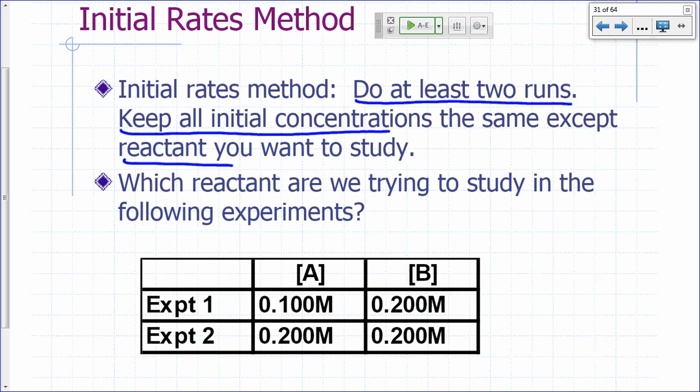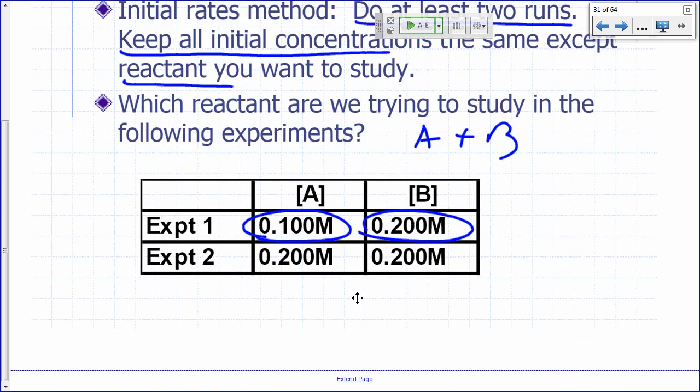So, for example, here I have 2 experiments, a reaction between A and B. In experiment 1, my concentration is 0.1 moles per liter of A and 0.2 moles per liter of B. In the second experiment, I changed my concentration of A to 0.2. I kept the concentration of B at 0.2. So, which reactant am I trying to study in this experiment?